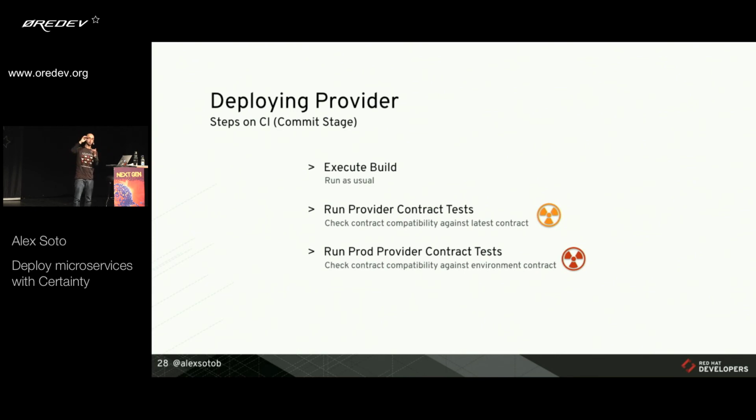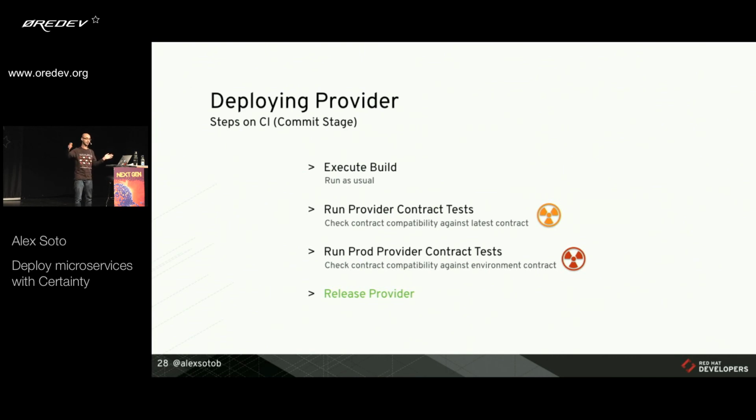Then you can be sure that if you deploy the provider to production, everything will work as expected, because your consumer is following this production contract, and your provider has been proven to generate all the requests and responses to communicate together without any problem. So if it works, you can release the provider, and you can be sure that you're not going to break the production environment.